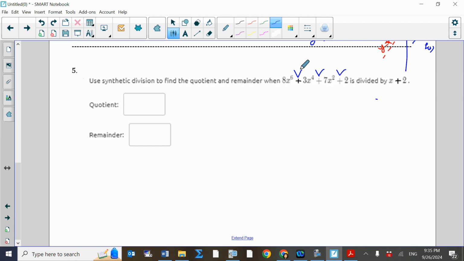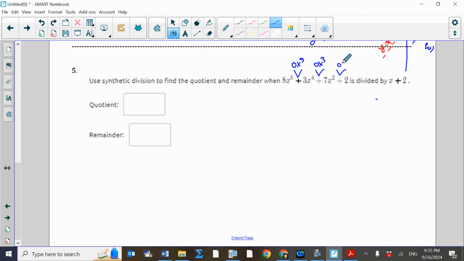So we're going to replace these terms, but since we don't want to change the value of the expression that we have here, we're going to add x to the 5 with a coefficient of 0. So it's not going to change the value of this polynomial. This one we add x to the 3.